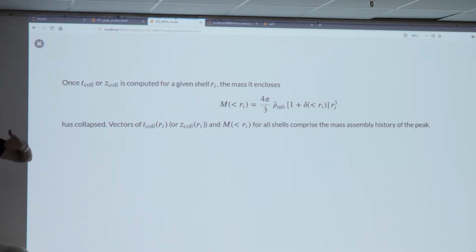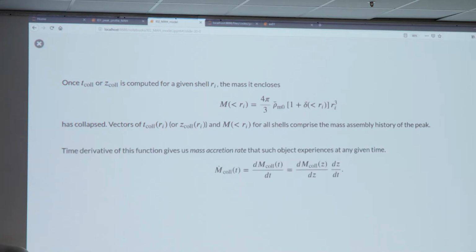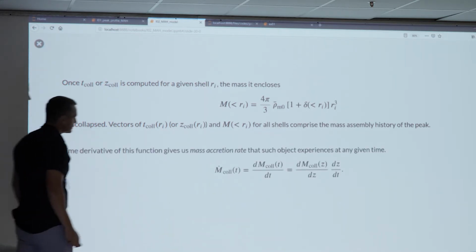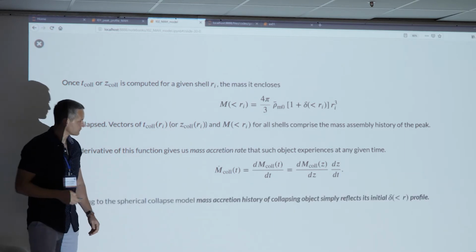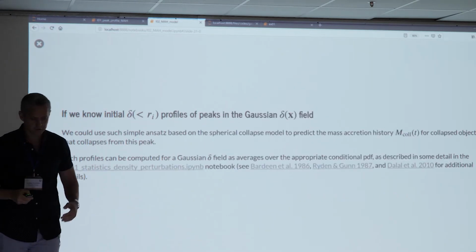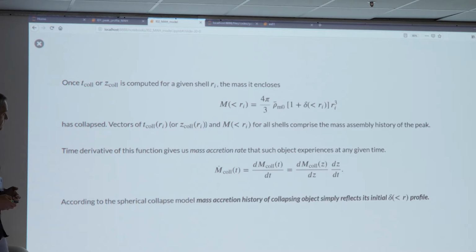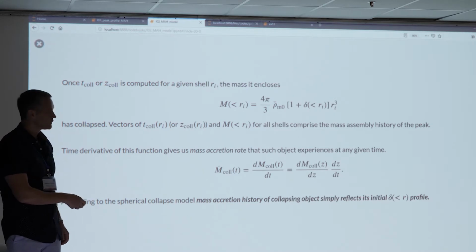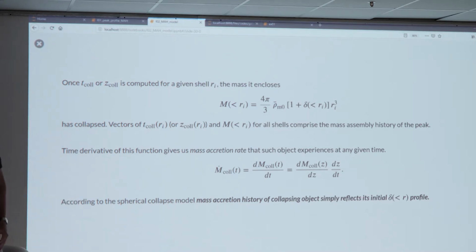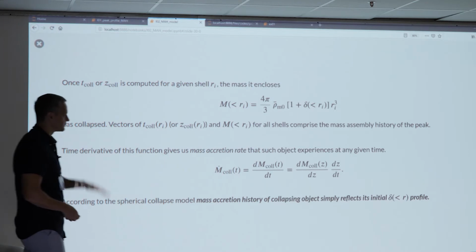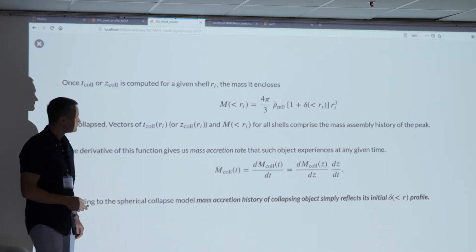It gives us a mass assembly history of this collapsing perturbation according to the spherical collapse model. If we take the derivative, we can get m dot, which we also measured in simulations. So the main point is that the mass accretion history of a collapsing object, according to the spherical collapse model, simply reflects its initial over density profile with a simple factor that's independent of mass, delta C. Okay.